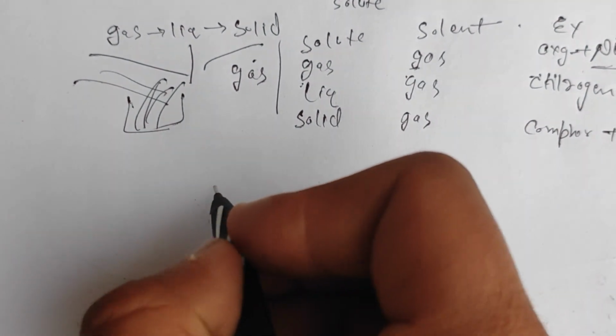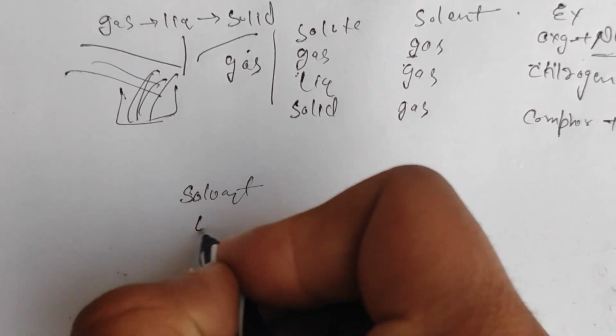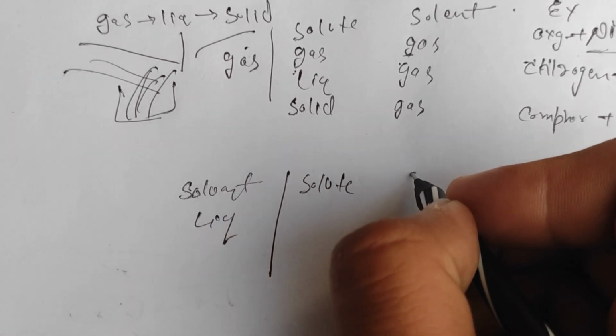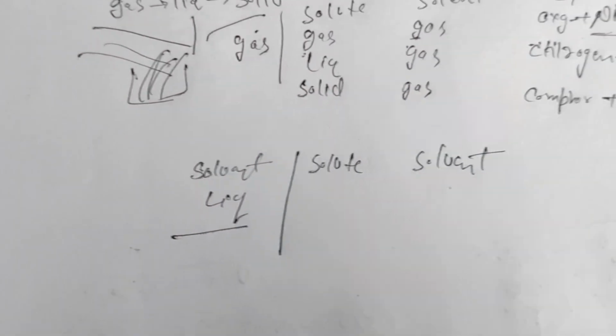Now our new solvent is liquid. For a liquid solvent we fix the liquid part and vary the solute.